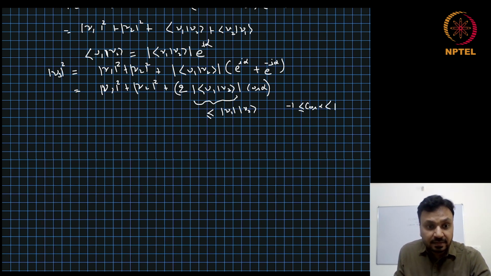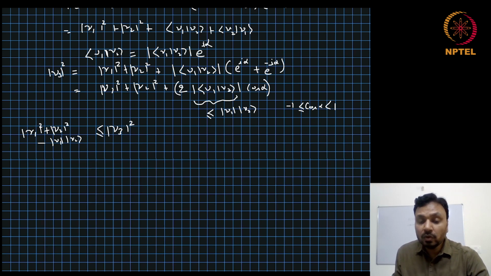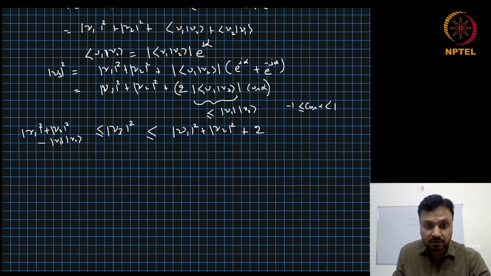So it means we can say that v3 mod square is always greater than or equal to v1 mod square plus v2 mod square minus 2 v1 v2, and it is always less than or equal to v1 mod square plus v2 mod square plus 2 times the factor here, v1 v2.